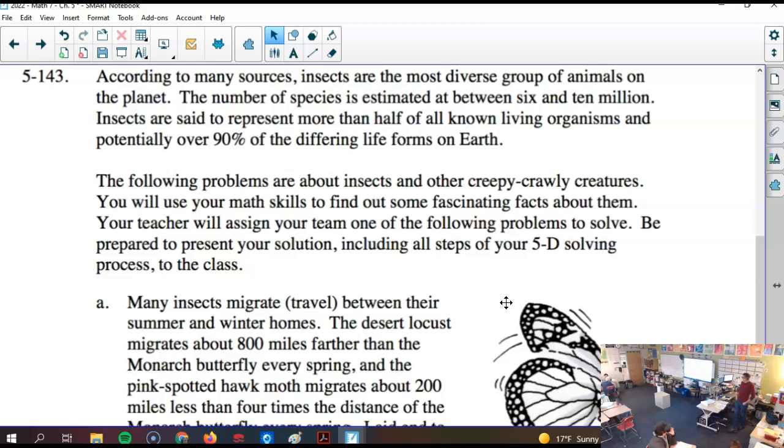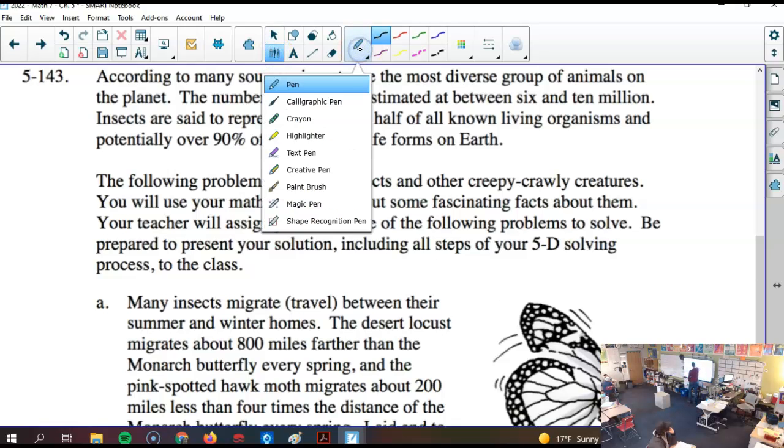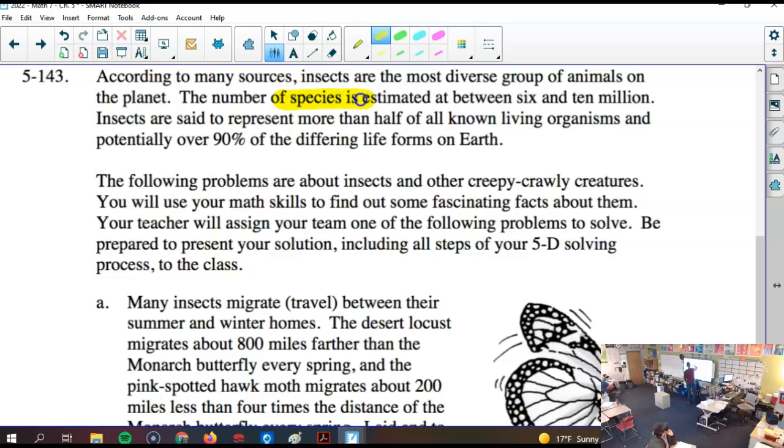So this might gross out some of you, but I find this fascinating. According to many sources, insects are the most diverse group of animals on the planet. The number of species is estimated between 6 and 10 million. Guys, that doesn't mean 10 million bugs. That means 10 million species of bugs.